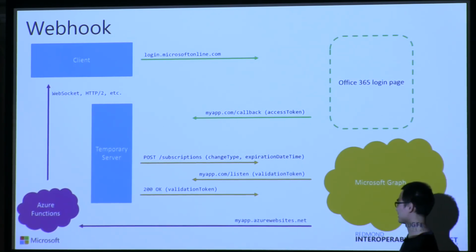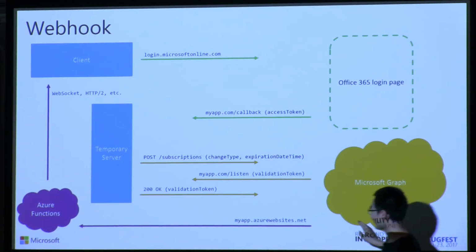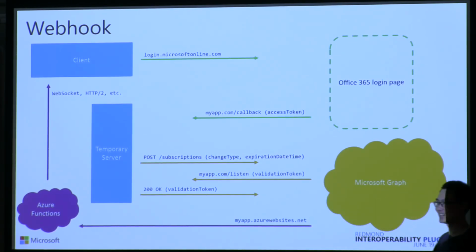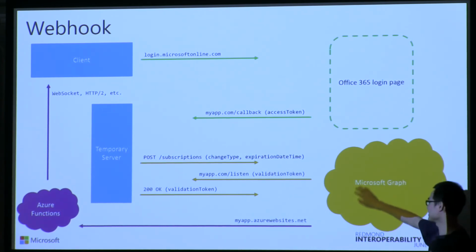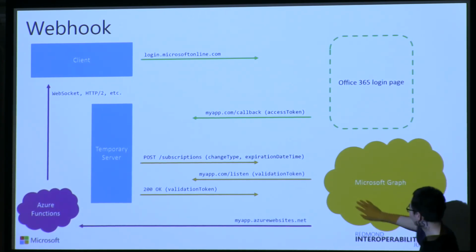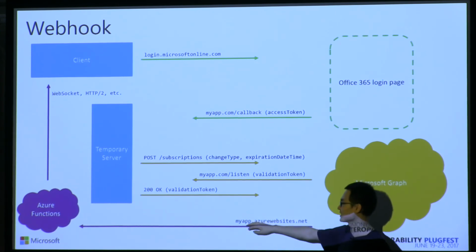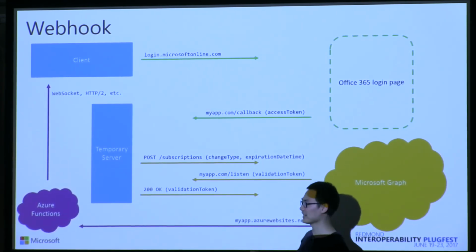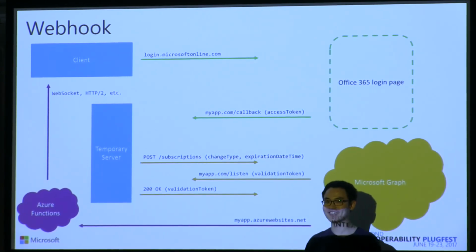Another option is to use an Azure function or Amazon Lambda, a similar thing. This one will notify the Azure function, and the Azure function can notify your app.